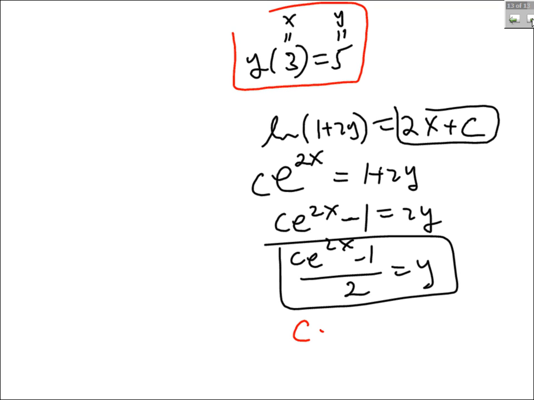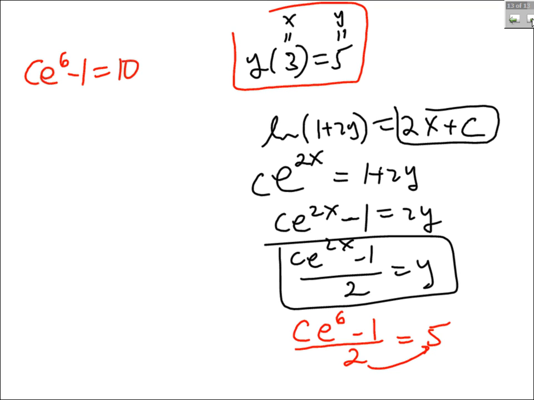So I have c, e to the 2 times 3, that's 6, take away 1, over 2, this is supposed to equal y. So 2 times 5 is 10, that means that numerator is 10. Well then that's 9.